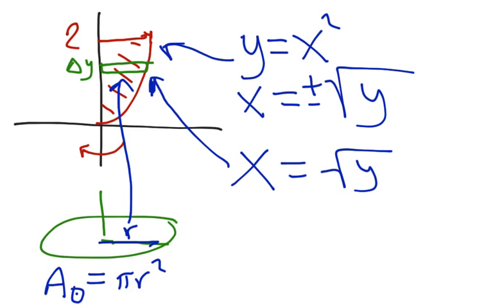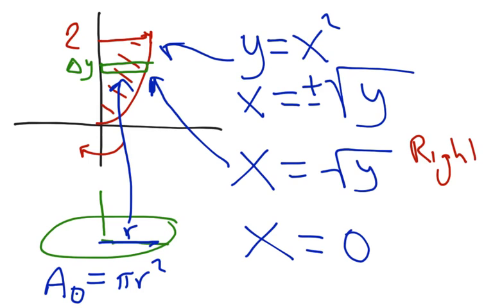As we said, the left edge is the y-axis, but the y-axis has the value of x equals 0. And so then I'm going to make a little side note here. This is the right, and this is the left. So again, it's right minus left.